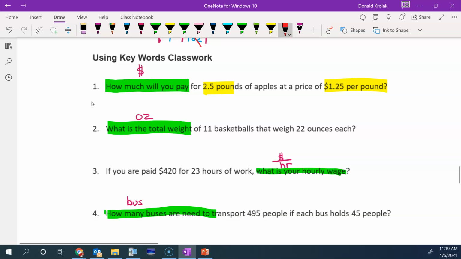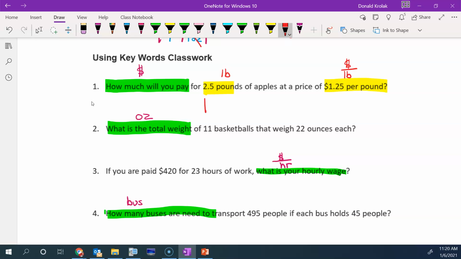Okay, so per pound, that's going to be dollars per pound, and this one is just pounds. So I want to now take these and write them so that the pounds cancel, and I'm just left with dollars.